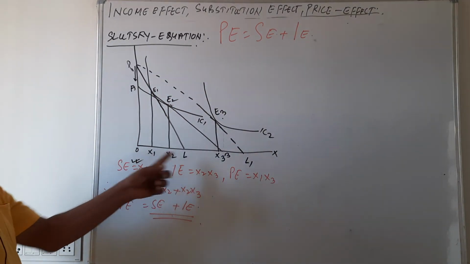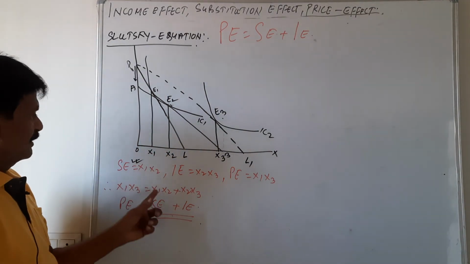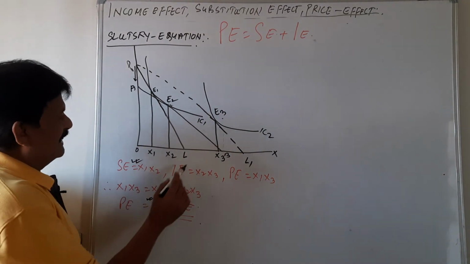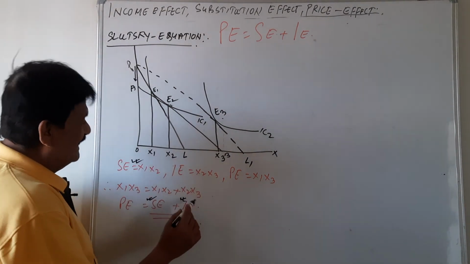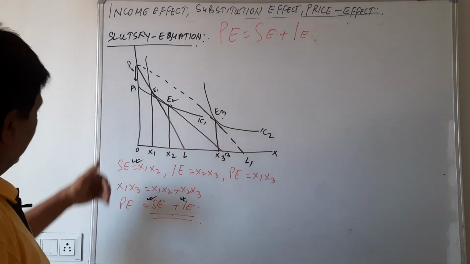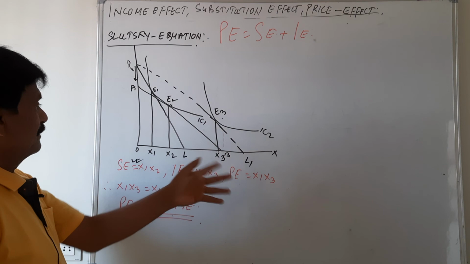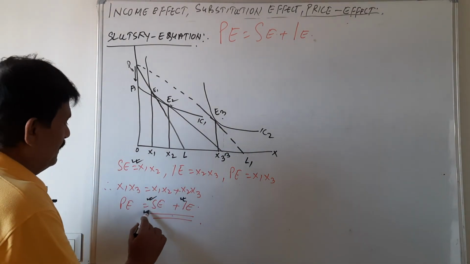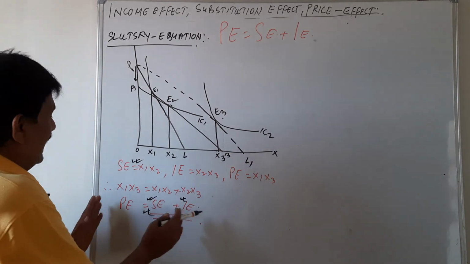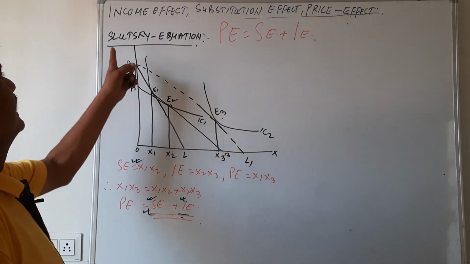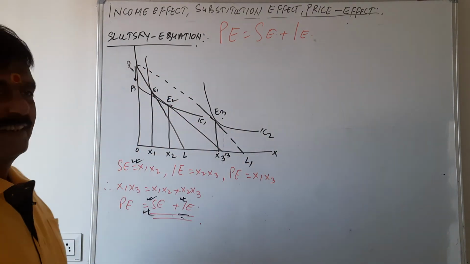So X1, X3 is the sum total of X1, X2 plus X2, X3. This is how, in the Hicksian version, the price effect is decomposed into substitution effect and income effect, and this decomposition of price effect into substitution and income effect is known as the Slutsky equation.